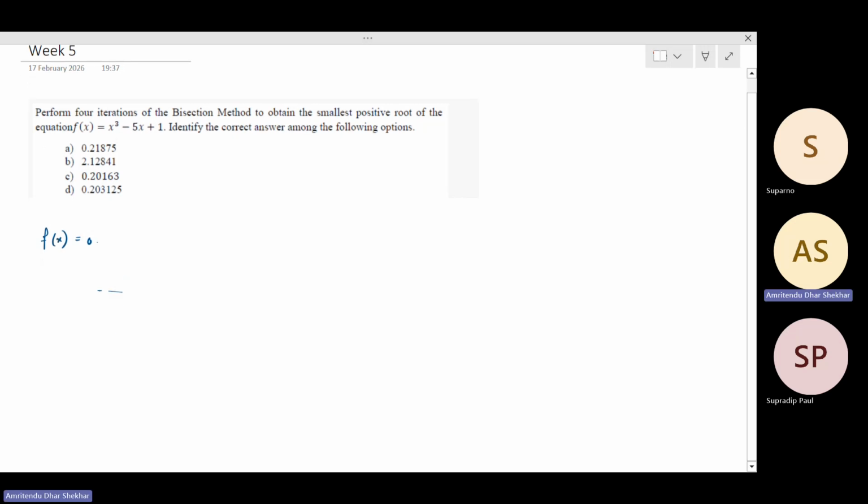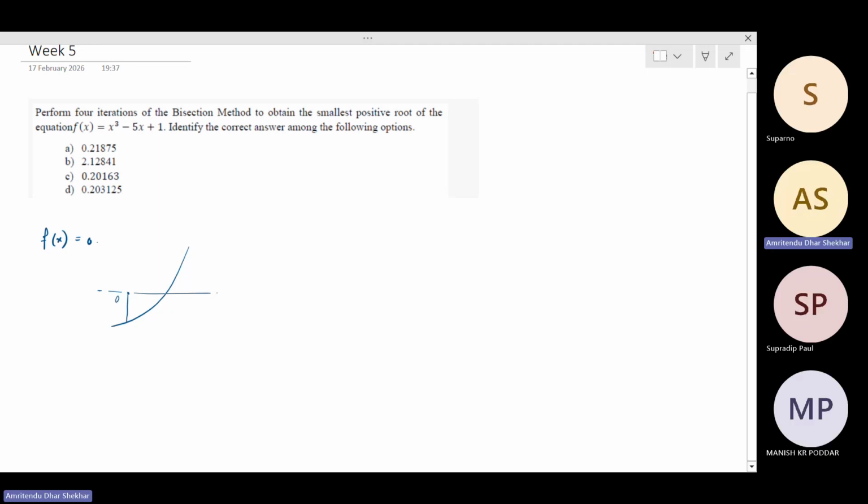So let's say the function looks like this, and let's say this point is A and this point is B. So all these iterative methods, the idea is to compute a root. That's the goal.